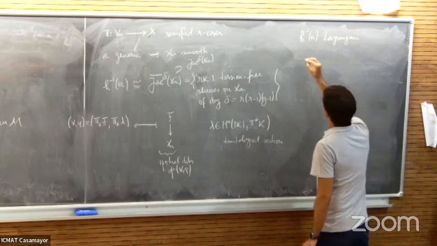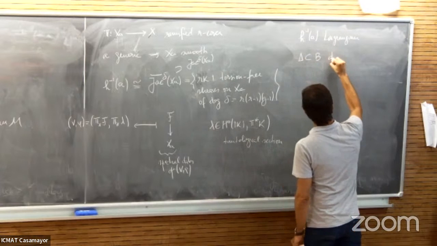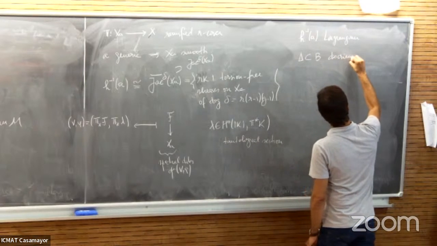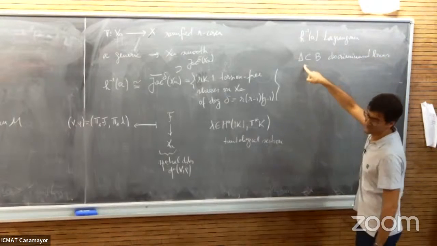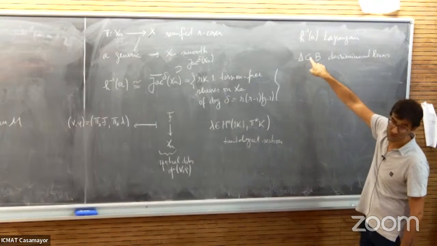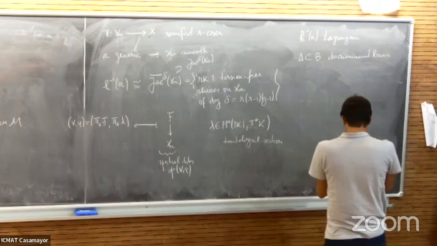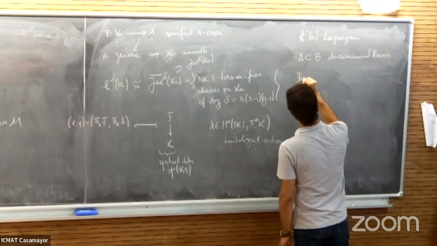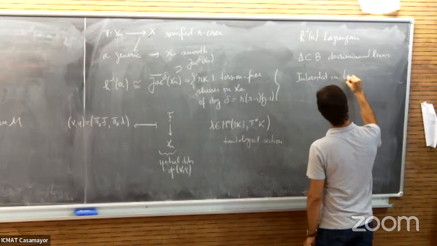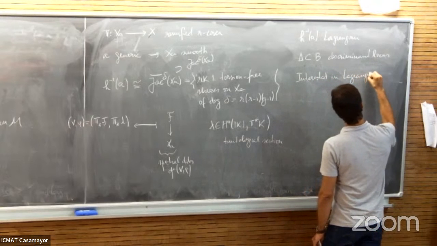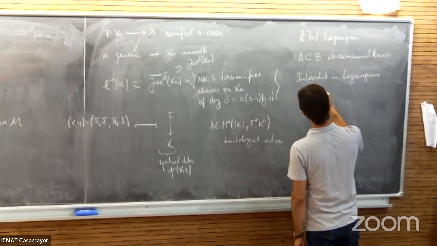So take now the discriminant locus, the set of points here for which the spectral curve is singular. And we're interested in Lagrangians mapping to this discriminant locus.